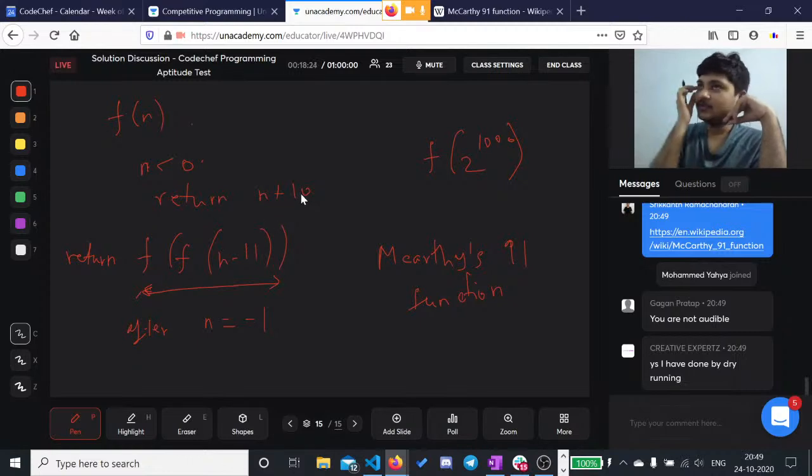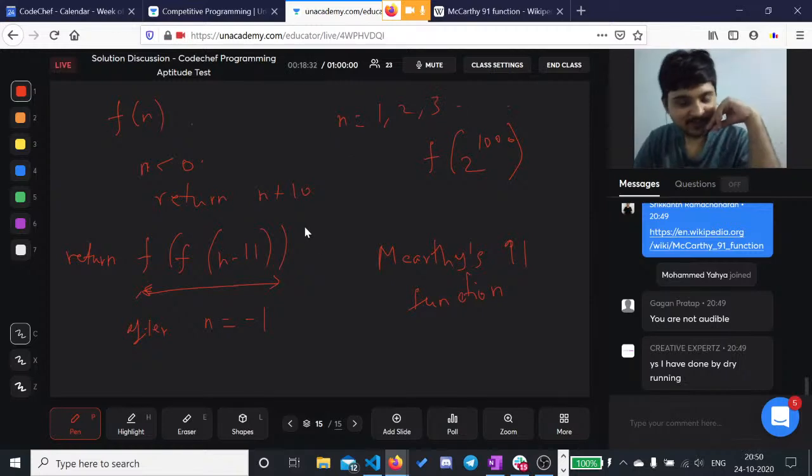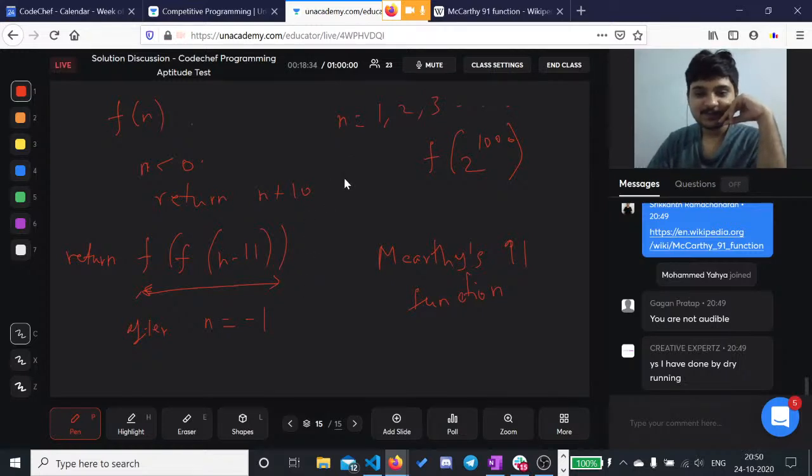And if you try to simulate this by hand for some small numbers, 1, 2, 3, and so on, or if you create a program for it, you will find that f of n is 9 for all values of n greater than or equal to -1. So f of 2 power 1000 is also 9.